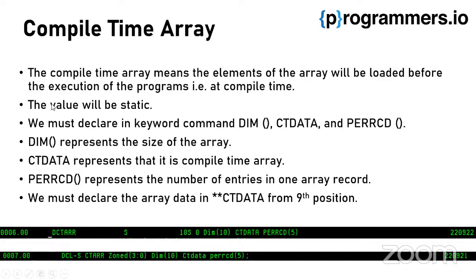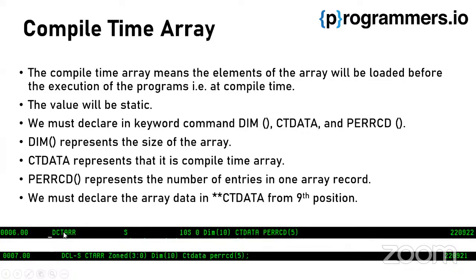The main keywords that we use to declare a compile time array are DIM, CTDATA, and PERRCD. You can see the declaration for compile time arrays below.